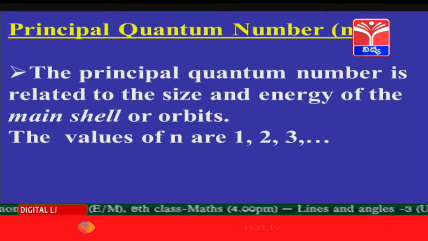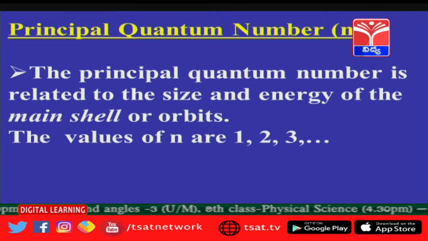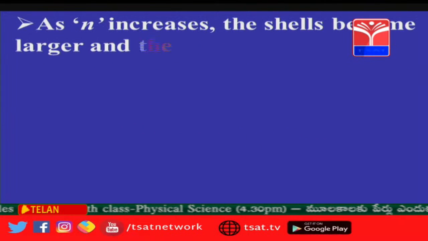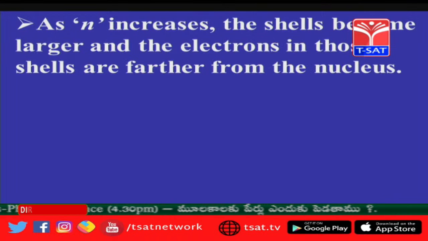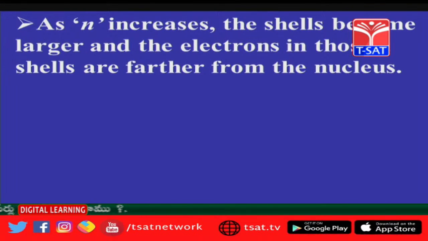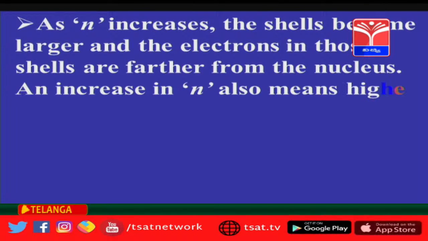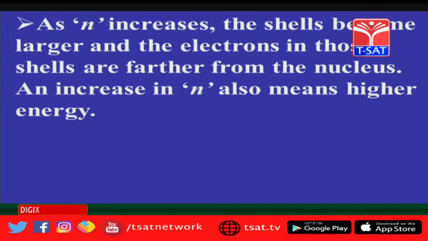The values of n are 1, 2, 3 and so on. As n increases, meaning the principal quantum number increases, the shells become larger and the electrons in those shells are farther from the nucleus. An increase in n also means higher energy.